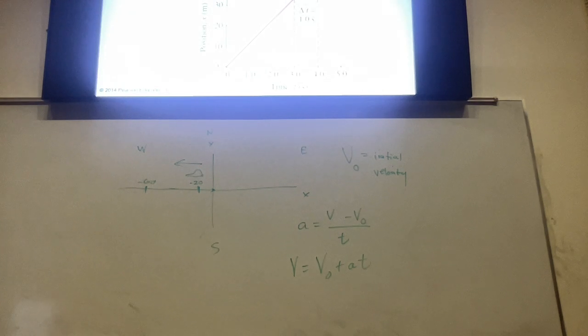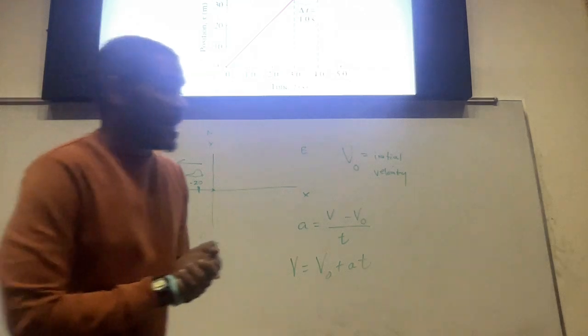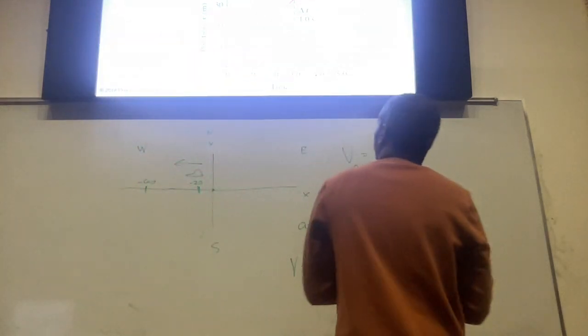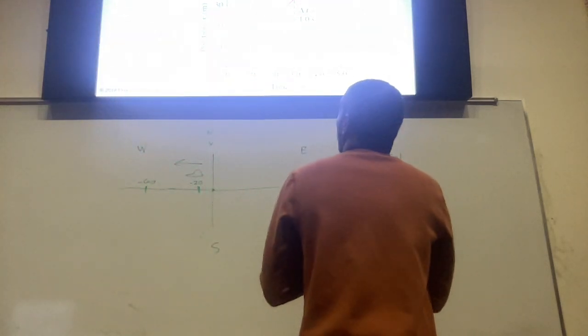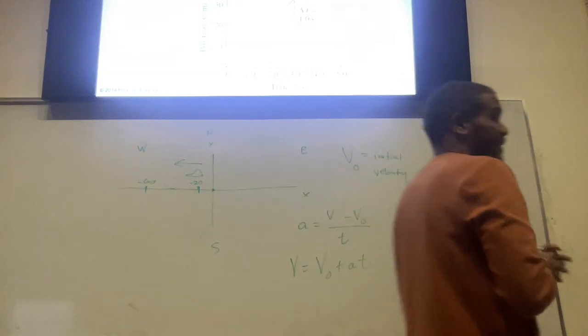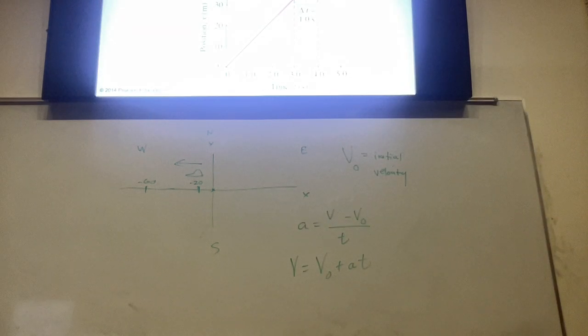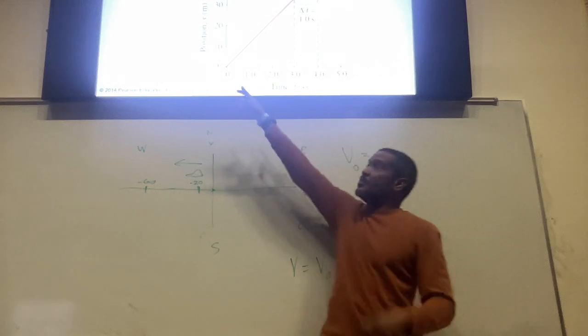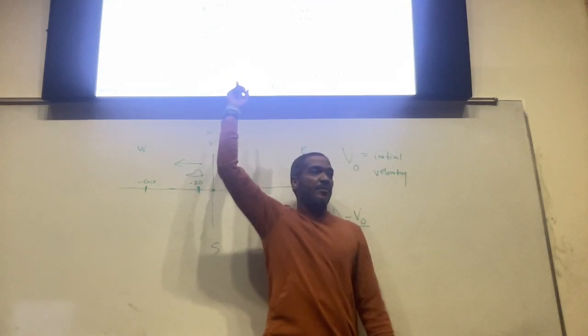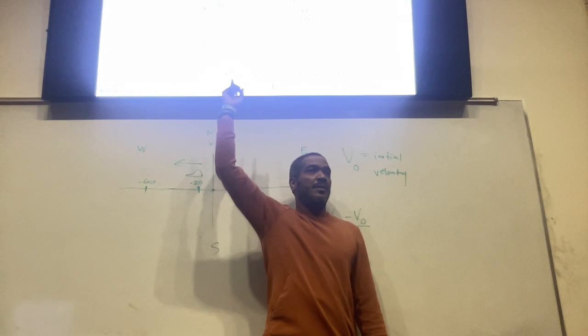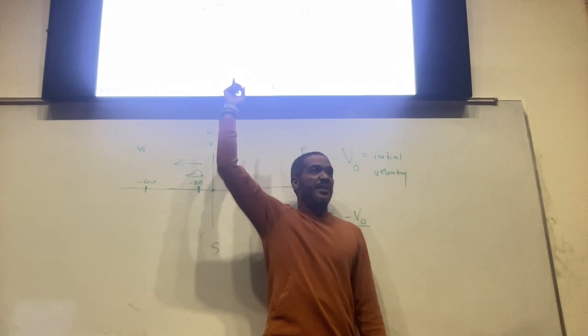And lastly, we're talking about graphical analysis, right? So here we're just basically learning how to interpret a graph. We have position on the Y axis, right? Position is a dependent variable. Everybody know what a dependent variable is?